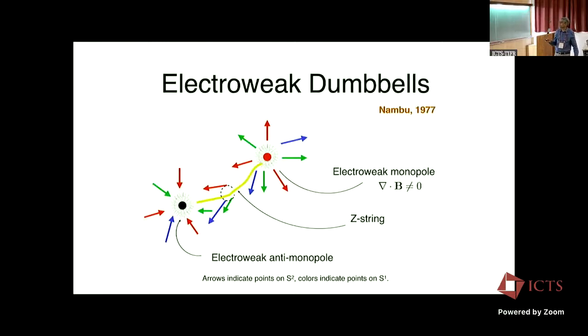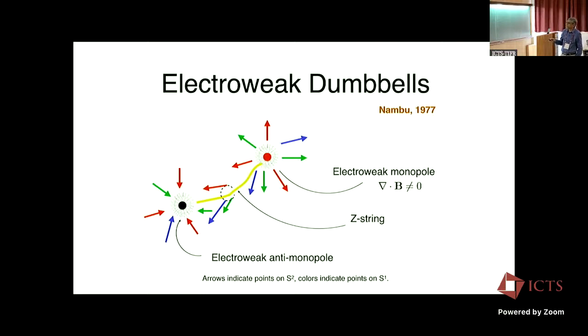And so this was first discussed by Nambu, and he called them electroweak dumbbells. Basically, you have a magnetic monopole where divergence B is not zero, so it is a true electromagnetic monopole. But then on the south pole, there's a string coming out which eventually goes to an anti-monopole.